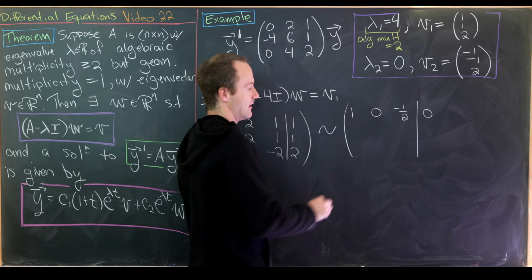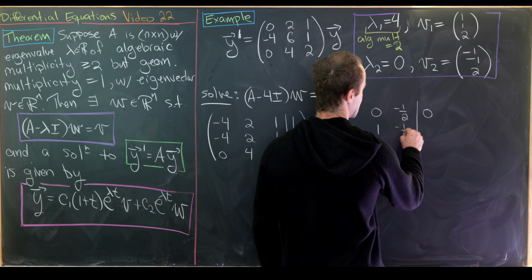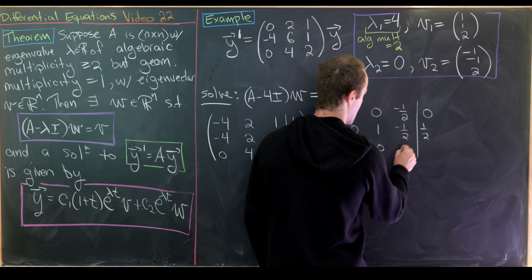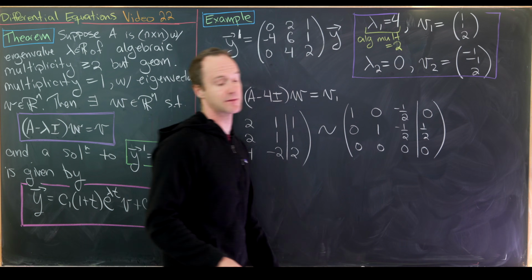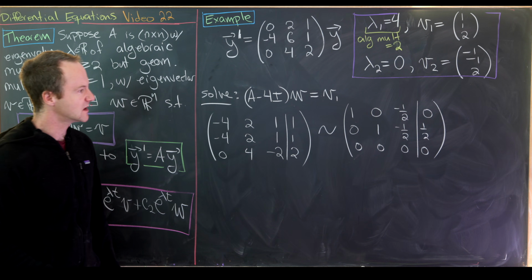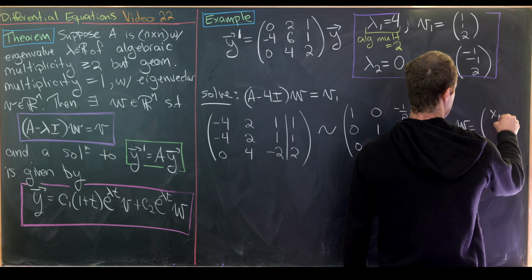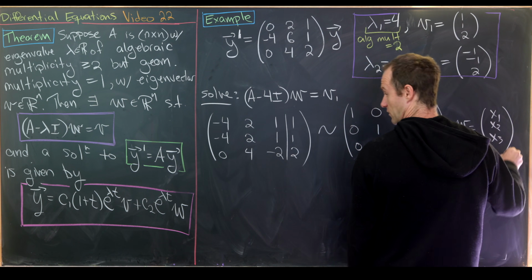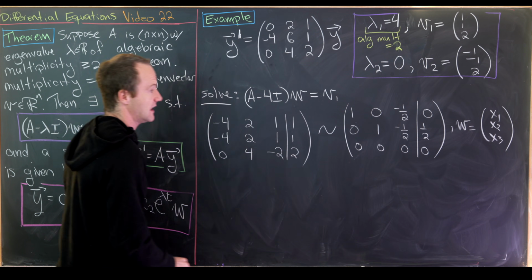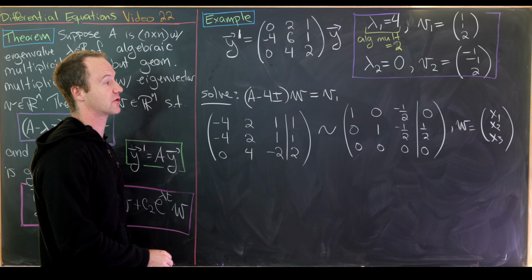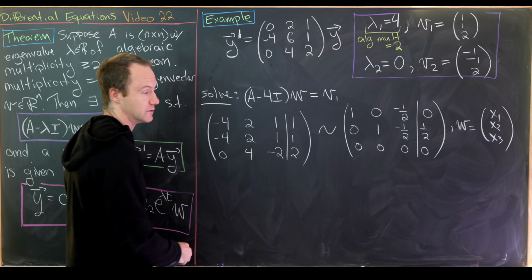And then we'll have 0, 1, negative half, and then half, and then a whole row of zeros. So we have something like that. But then if we introduce the notation W equals x1, x2, x3, then that corresponds to the following system of two equations and 3 unknowns.